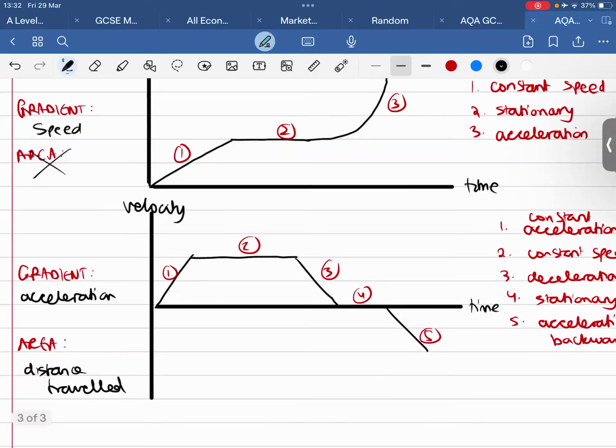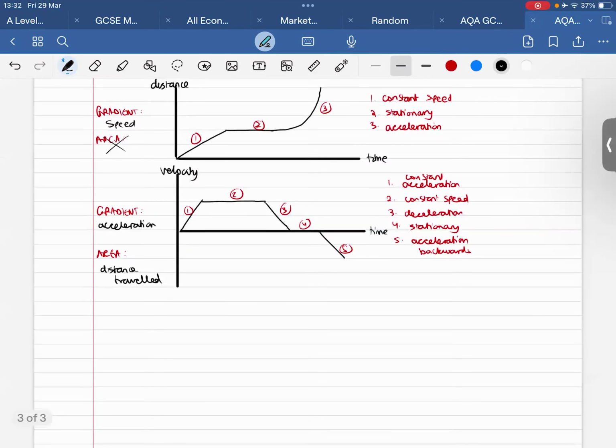So what are the equations for these things? First of all, gradient is worked out by doing change in y divided by change in x, after you pick 2 coordinates. Is that the same as rise over run? Yeah, rise over run.